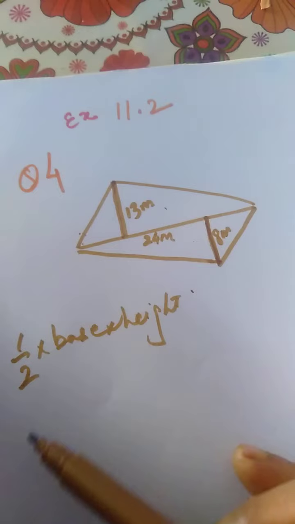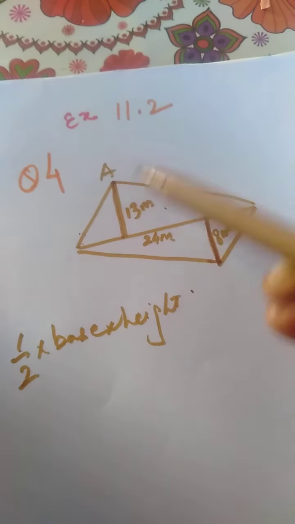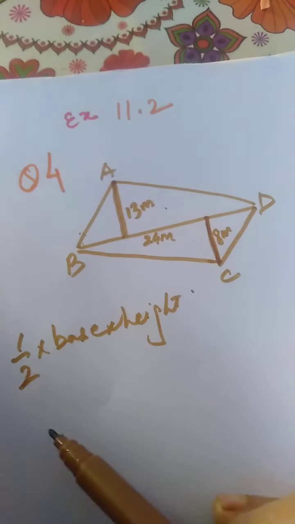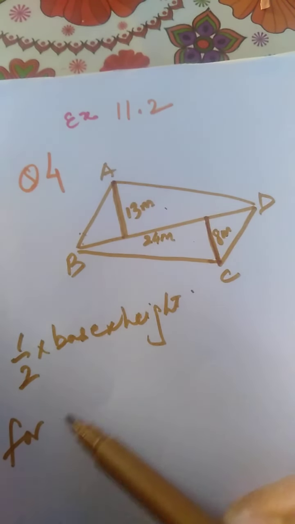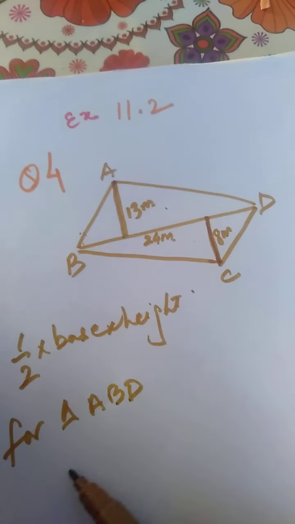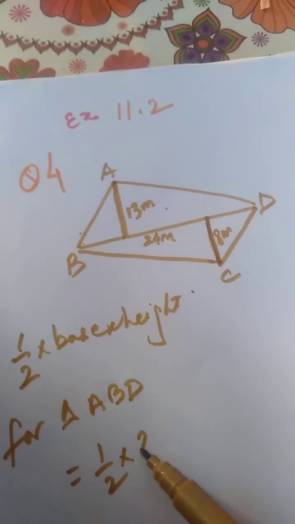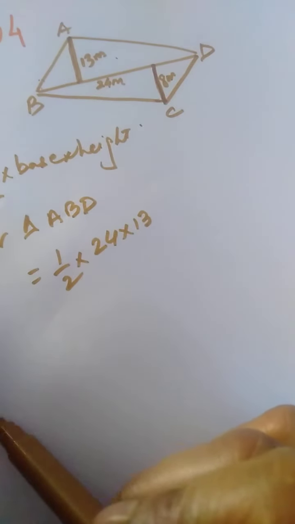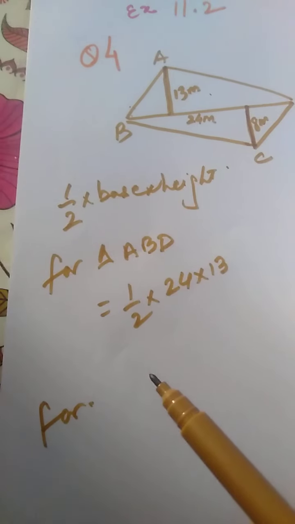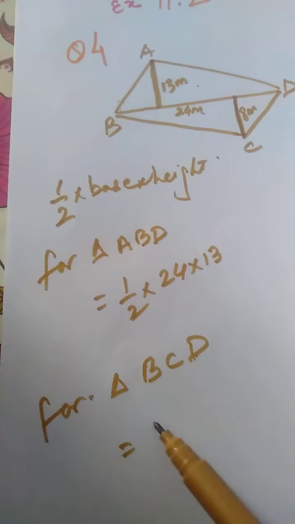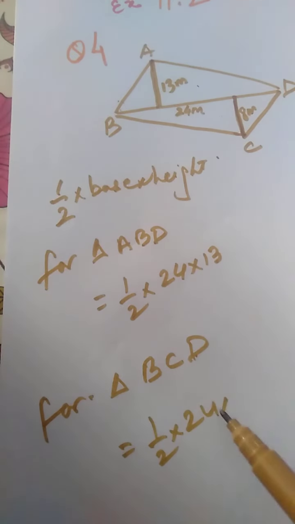So for the first triangle, let us name it A, B, C, D. Then for triangle ABD, this equals half into 24 into 13. And for the second triangle, that is triangle BCD, this will be half into 24 into 8.